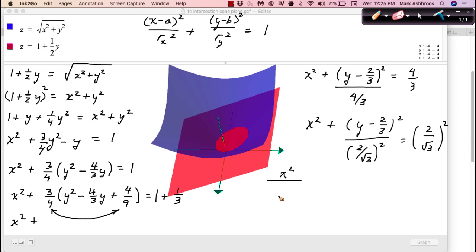So it's x over... I think this turns out to be 4/3 squared. Yep. There we go. And that's equal to 1. Now we're ready to analyze the ellipse.